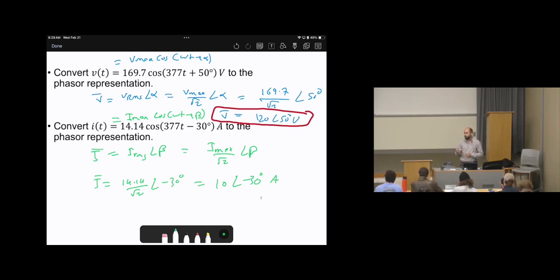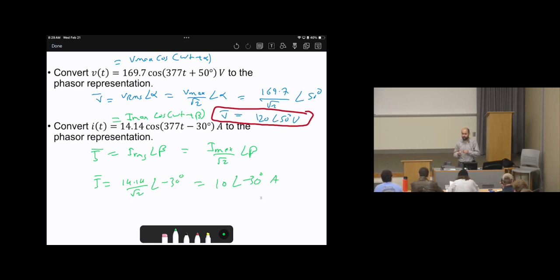Now, as we know, when we used to do Laplace transformation in differential equations, we used to do Laplace, then solve the equation, then at the end do something we call Laplace inverse, right? So when we solve AC circuits, we need to convert the circuit from time domain to phasor domain. Do your analysis.